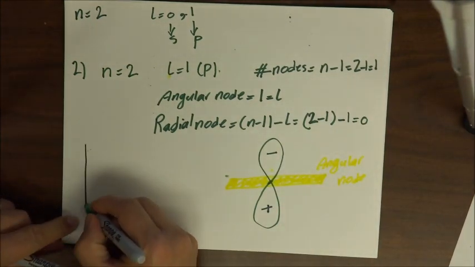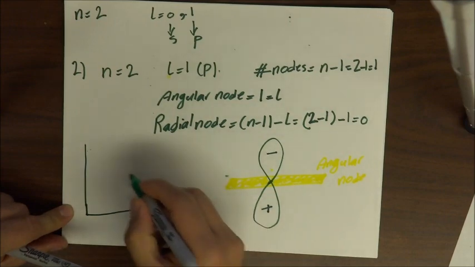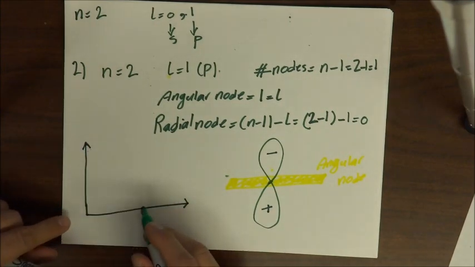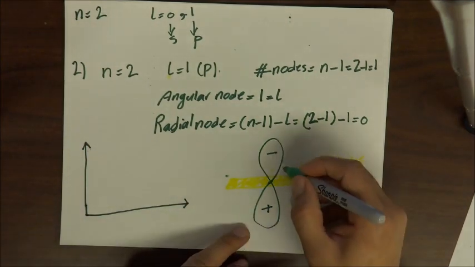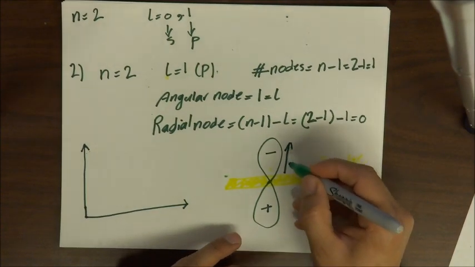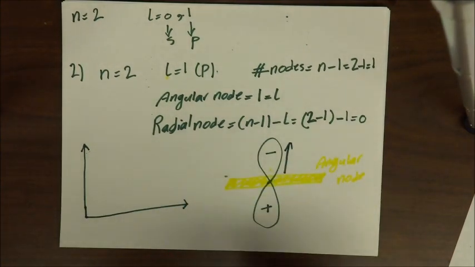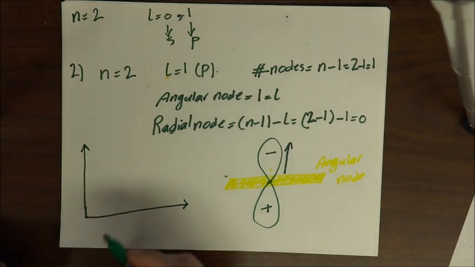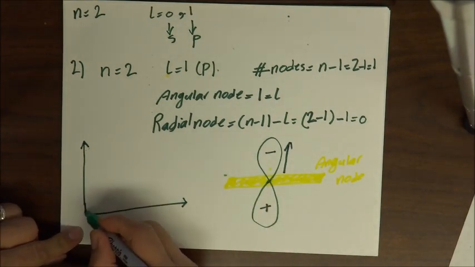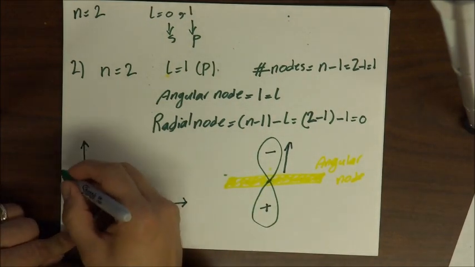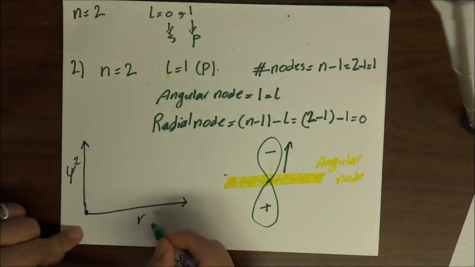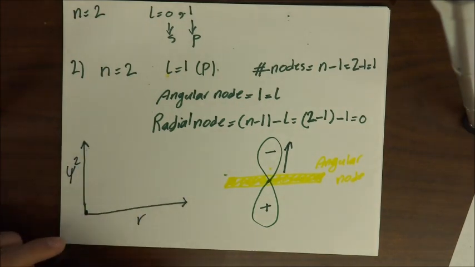Radial distribution. Move in any direction you want, from center to up or down. In the beginning, you don't have any probability, so it will be 0.